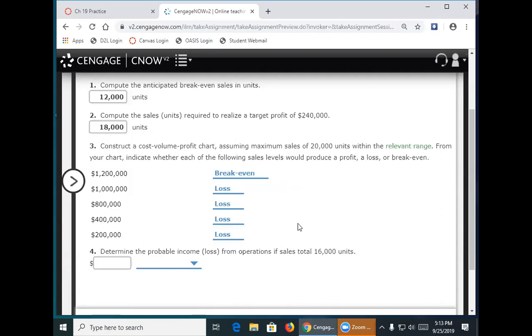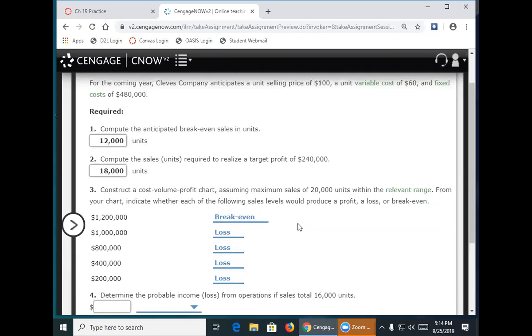We're going to subtract out our variable costs, and then subtract out our fixed costs as well.